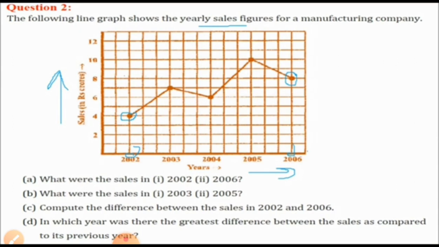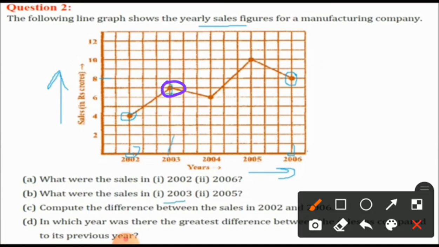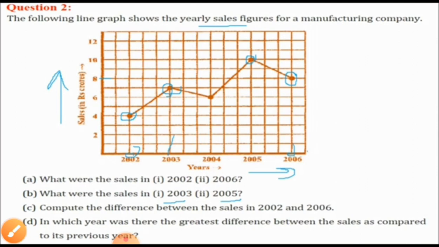In 2003, it is between 6 and 8, so that will be 7. For 2004, it is exactly on 6. In 2005, it is exactly on 10. And 2006 is exactly on 8.